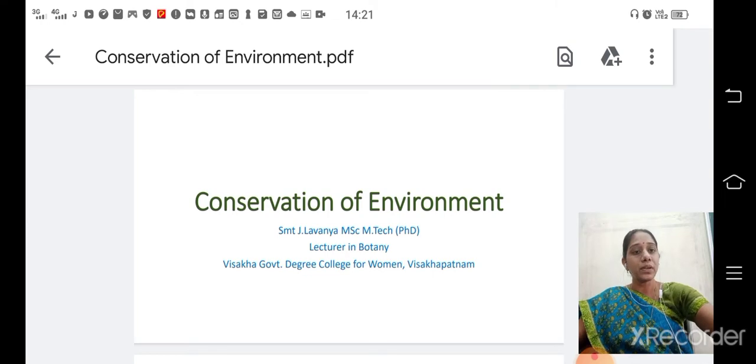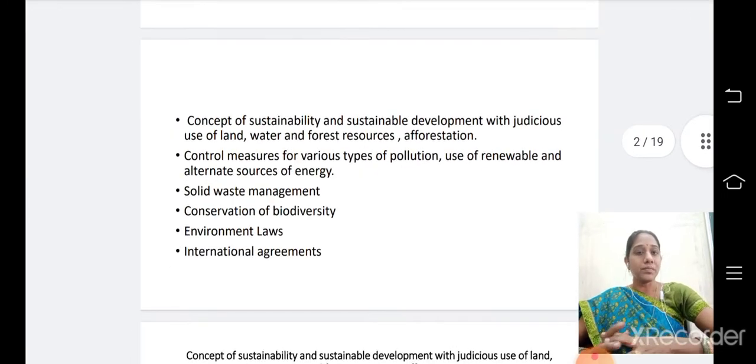So what are they? First one, concept of sustainability and sustainable development with the judicious use of land, water and forest resources, afforestation.